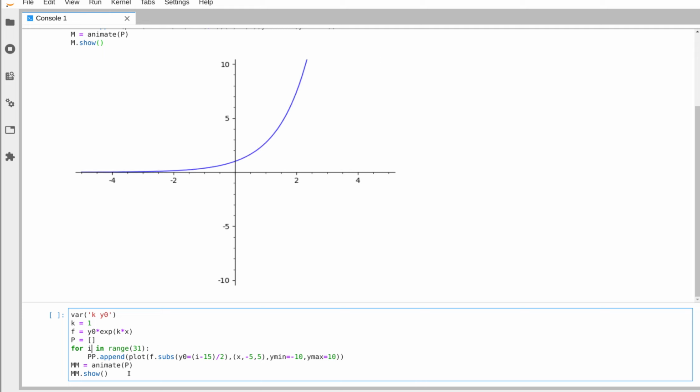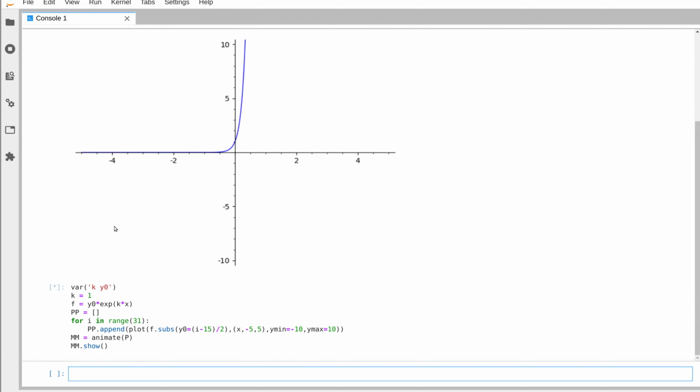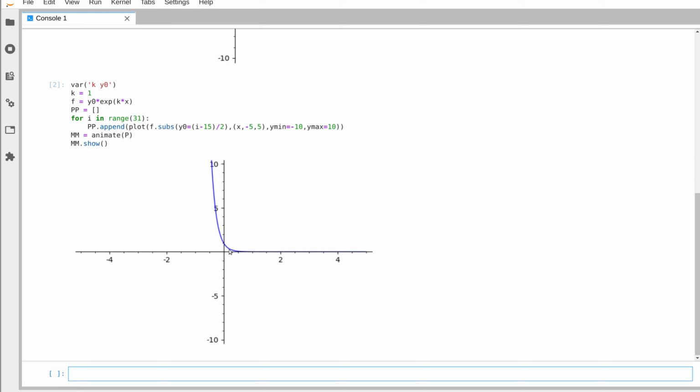I'm just going to change the names of these. All right, so that's the only change I made: k equal to 1, and then the y naught is going to vary. So as this thing computes, think in your mind how this is going to change. What's going to change now? By the way, y naught's going to be 0, or it's going to be negative at some points.